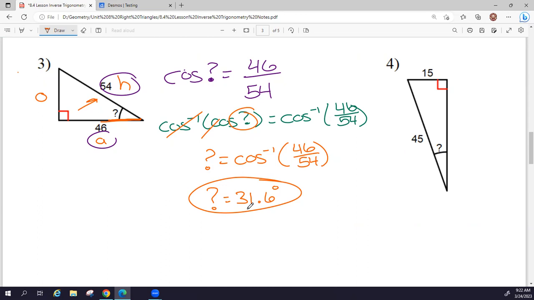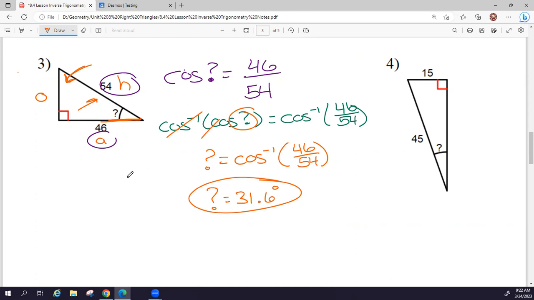We'll still get an angle measure that looks like it could be correct. In fact, we'll get the other angle measure. We would end up finding this angle measure by accident. And so we're doing something that's not totally wrong, but it's not what we're looking for. So we got to make sure that we set up O, A, and H correctly.